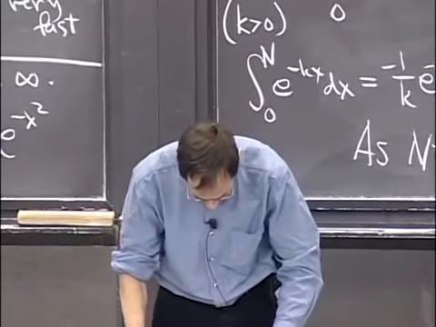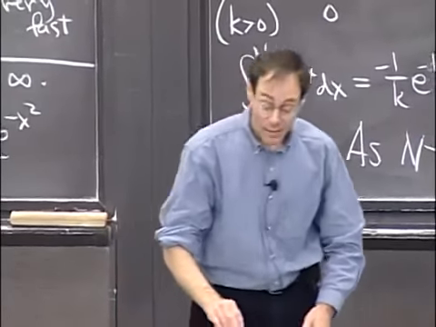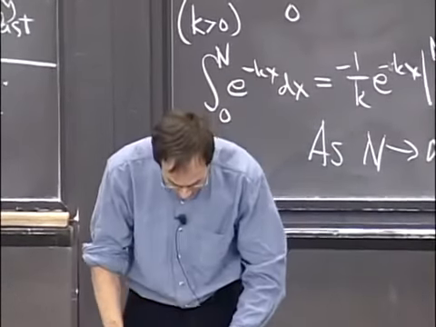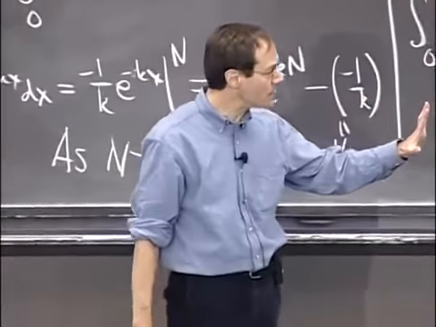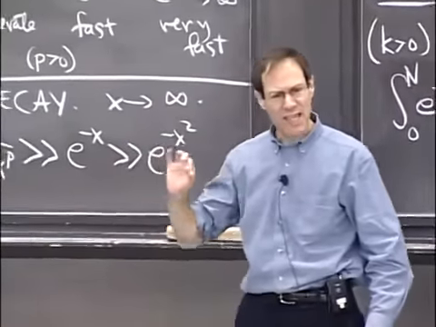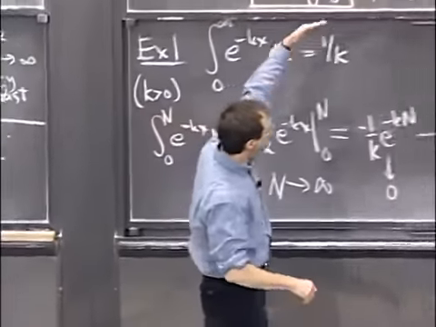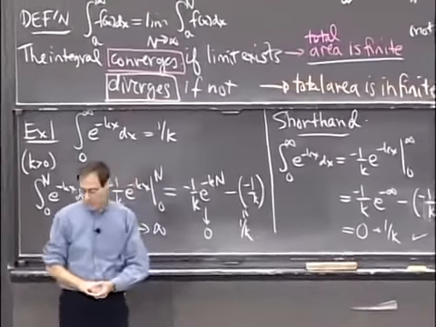Okay, so now I'm going to give you some more examples. And the other examples are much closer to the edge between infinite and finite, this distinction between convergence and divergence.